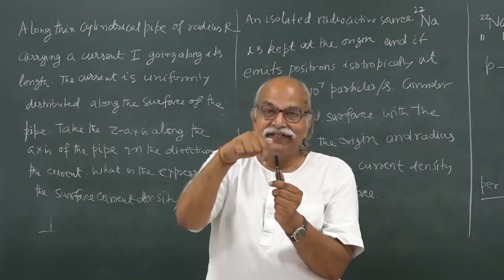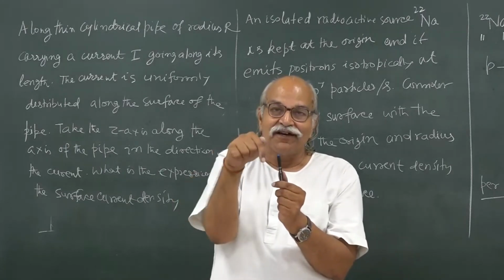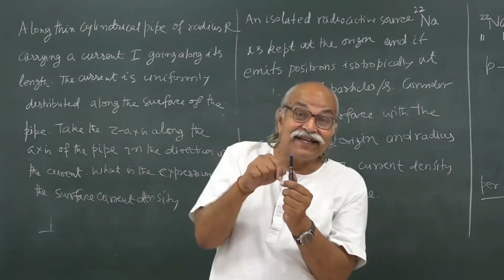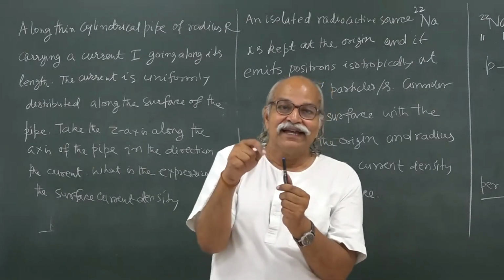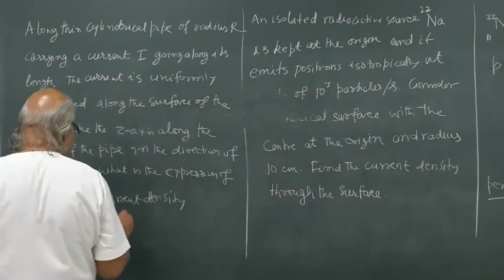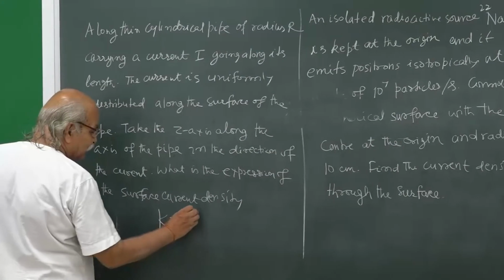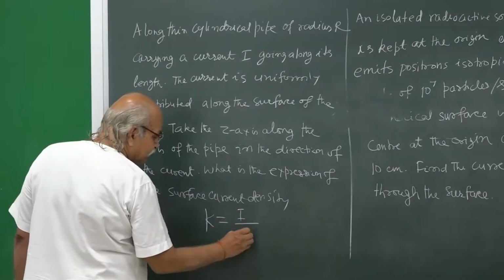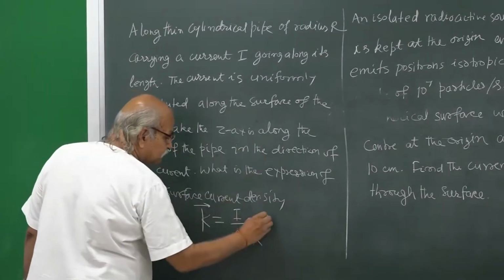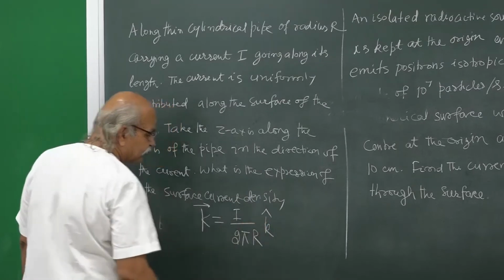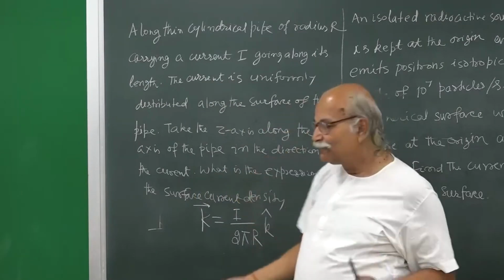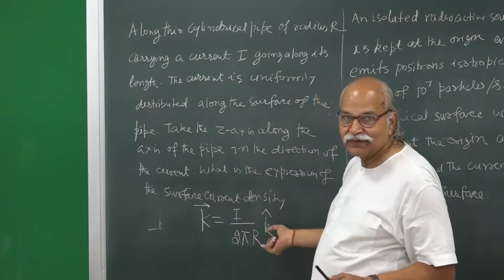What is the length of the periphery? 2 pi into capital R, and total current is I. So, the current crossing per unit length is simple, capital I by 2 pi R. K is equal to capital I divided by 2 pi R. And then what is the direction? It is the direction of current, and everywhere the current is in the same Z direction, and therefore, K is K times z cap.